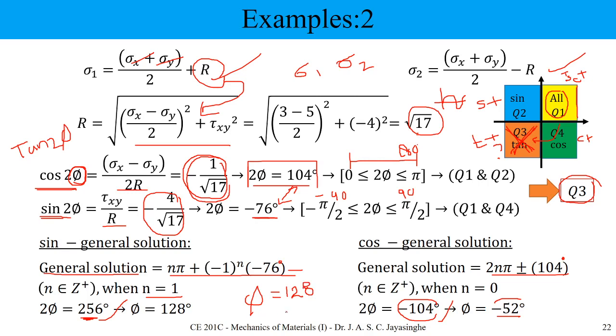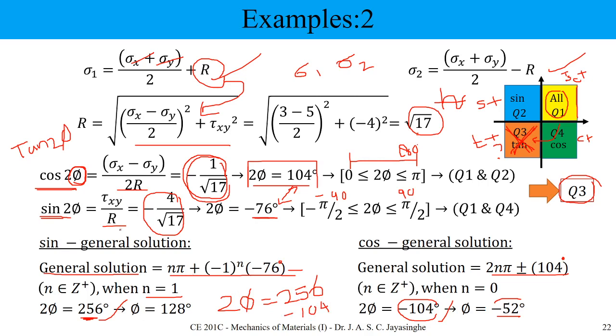Otherwise we can use minus 52. Rather than this way, it is better to go with 2 phi now. So 2 phi equals 256, or otherwise minus 104.